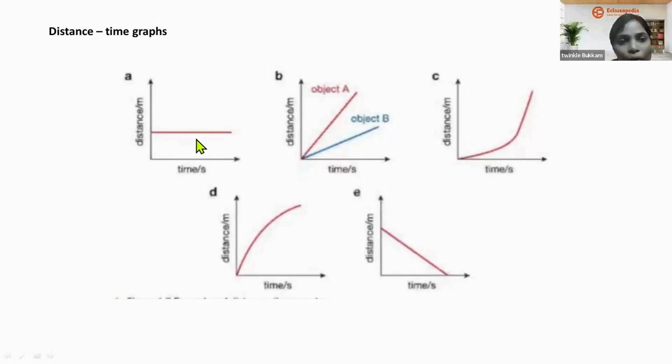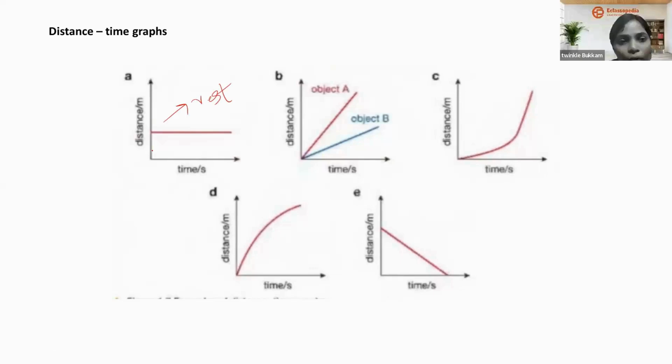So from this we can predict that the car is a stationary object, the vehicle is stationary or at rest. So this graph is for an object which is at rest.